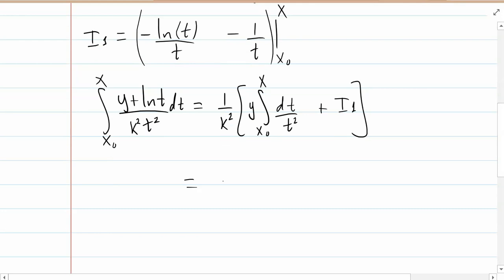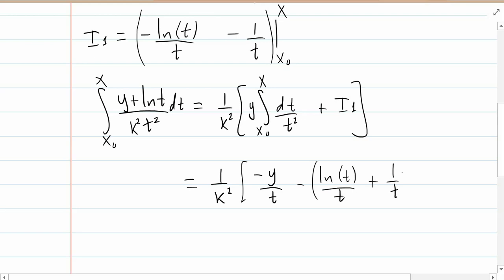So that means 1 over k squared times negative y over t plus minus, in this case, natural log of t over t plus 1 over t. All of this from some x naught to x.